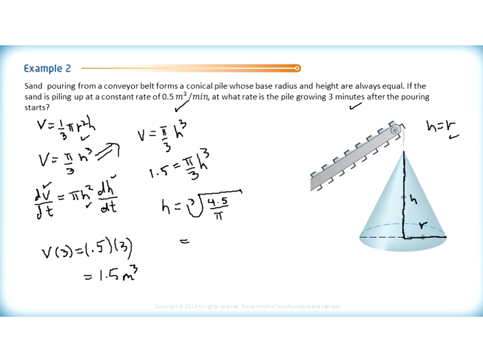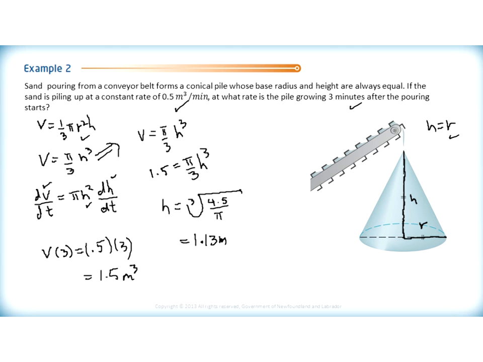Let's see, what's that going to be? The cube root of 4.5 over pi, and according to my calculations, it's about 1.13 meters. So after 3 minutes, we have a 1.13 meter high pile of sand.